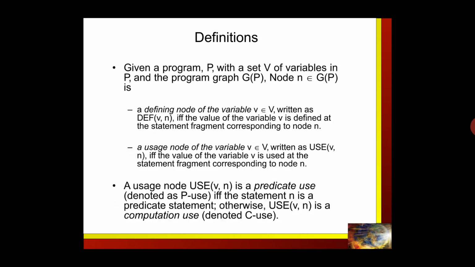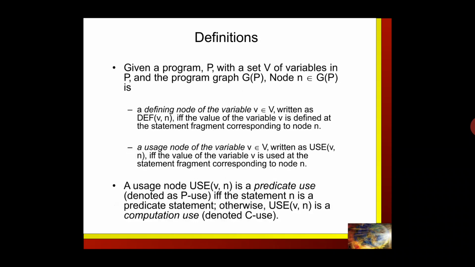Then only you can call it a defined node. So usage node, one point you define. I already told you, right? There are 2 points. One is where you actually define, and the second point is where you actually use that variable. That's why there are two nodes: define node as well as usage node.